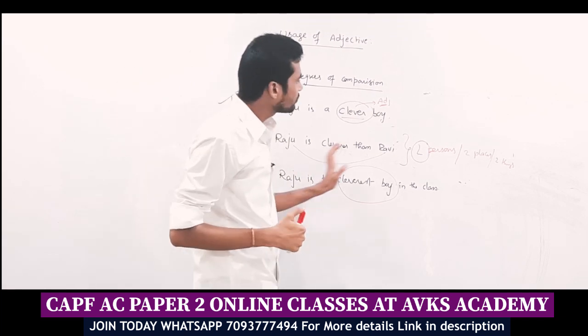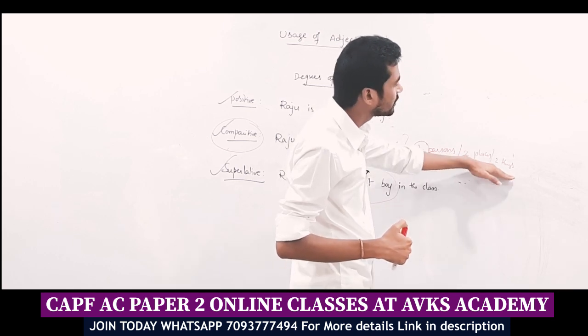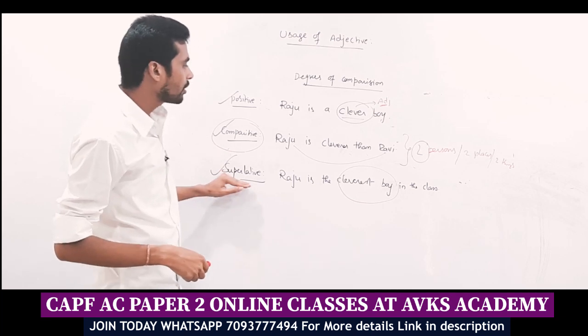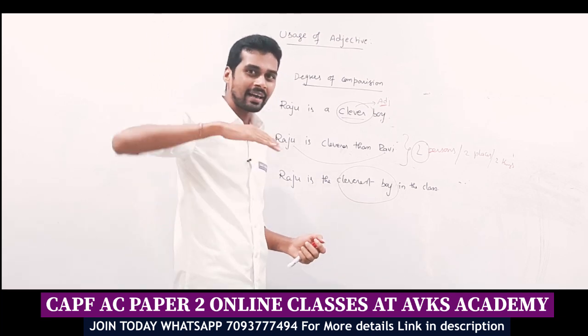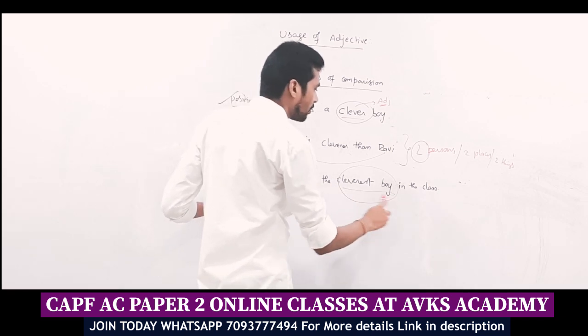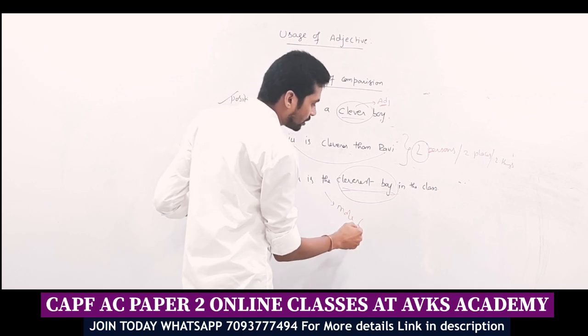So in this case we are only using the comparison strictly limited to two persons, two places, or two things. Whereas when it comes to the superlative degree, you are giving the highest credit to him. So Raju is the cleverest boy in the class. So we are comparing with what?